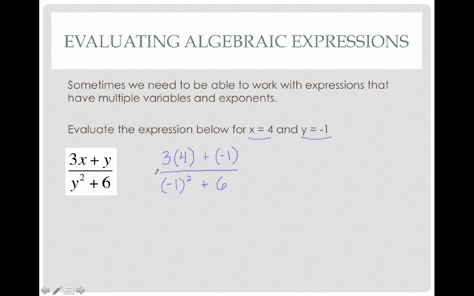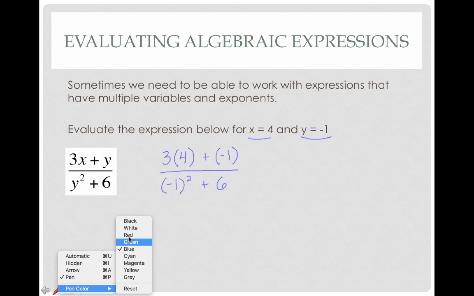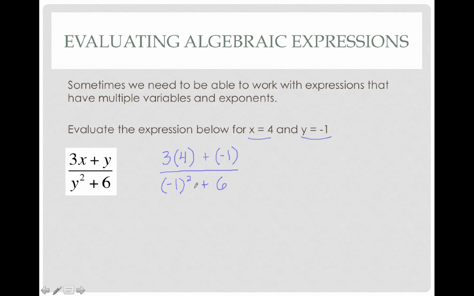All right, let's evaluate that. With a fraction, I need to treat each part separately. So I need to simplify the numerator, then simplify the denominator, and then see if I can divide. So on the top, 3 times 4, that's going to be 12, plus negative 1. On the bottom, I have negative 1 squared. That's negative 1 times negative 1.